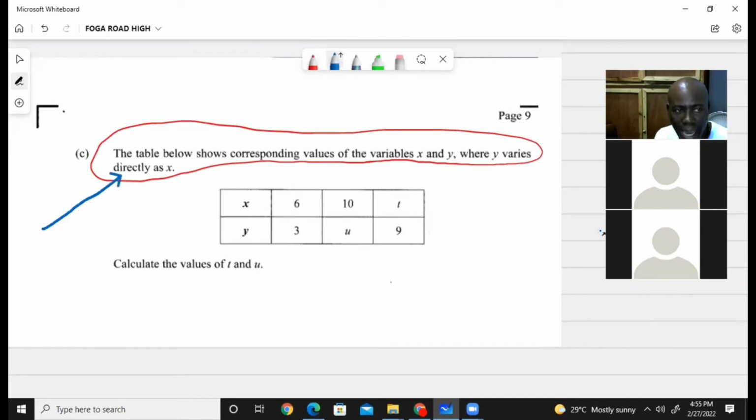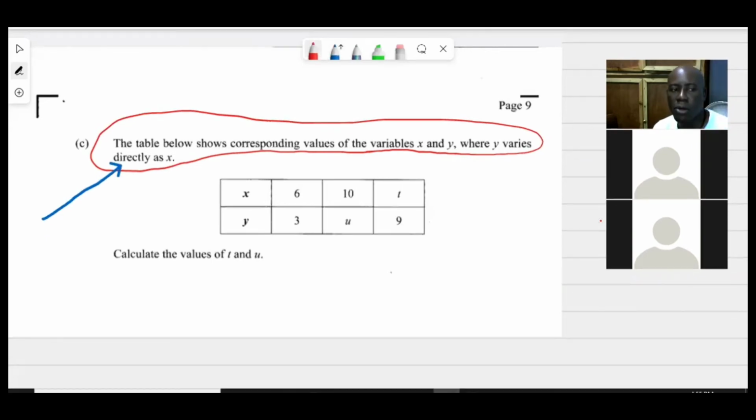See there? Direct variation. It says the table below shows corresponding values of the variables x and y, where y varies directly as x. This is the key instruction: y varies directly as x.